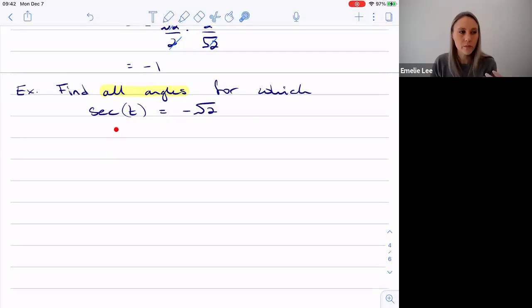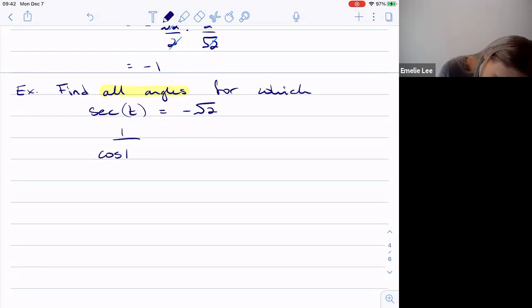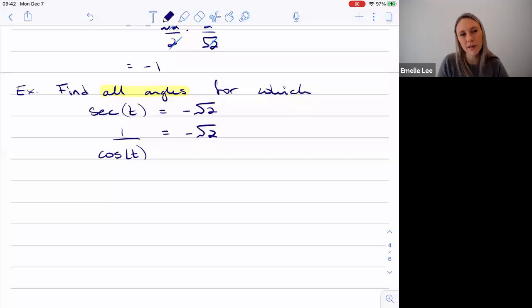We know we can't deal with secant t on its own, but we can replace secant t with 1 over cos t. So let's start manipulating this until we see something that we can work with. If 1 over cos t is negative root 2, now thinking about 1 over cos t is a little bit hard, but I'm allowed to multiply this over to the right.